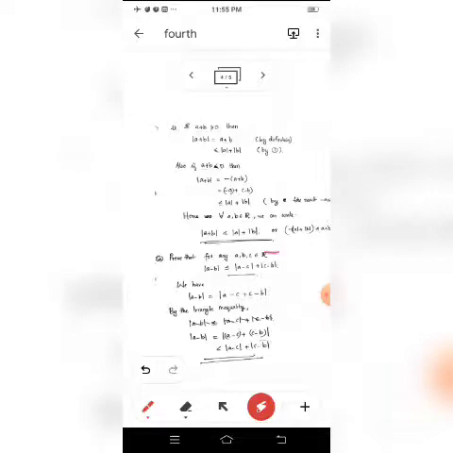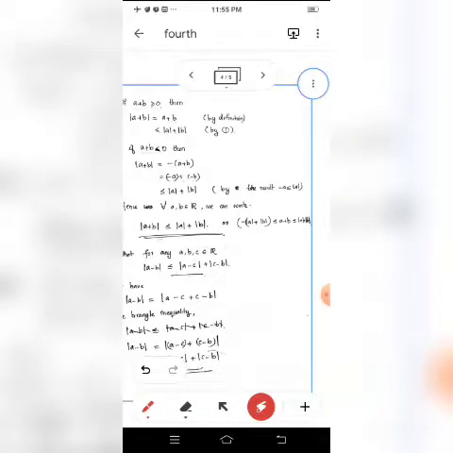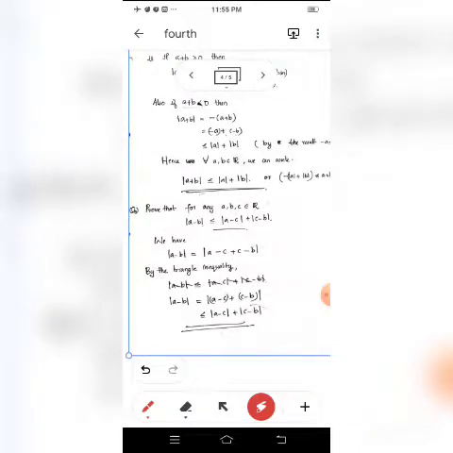In other words, we can write minus of mod a plus mod b less than or equal to a plus b, that is less than or equal to mod a plus mod b. Now using this triangle inequality, we will prove the next question.